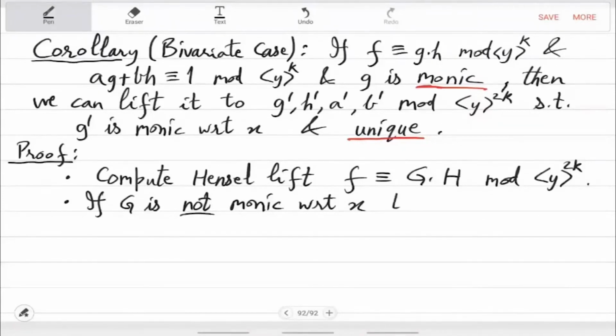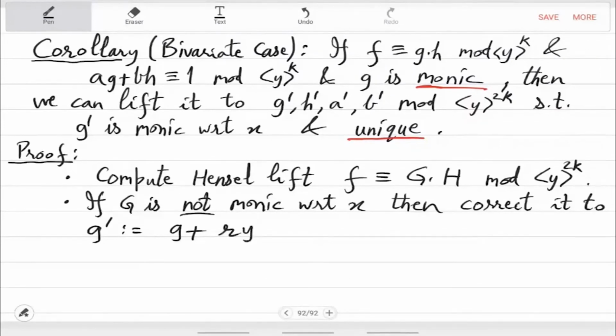Then we change it. So let us correct it to G prime, which will basically be, sorry, yeah, it's not immediately visible here.